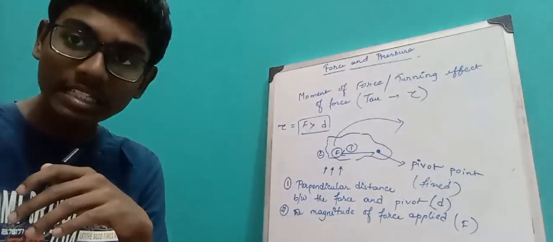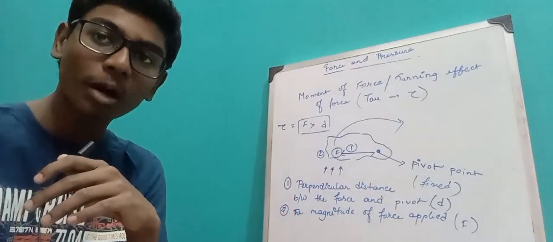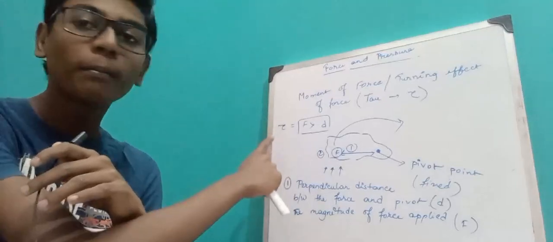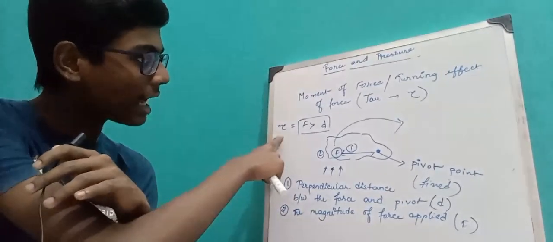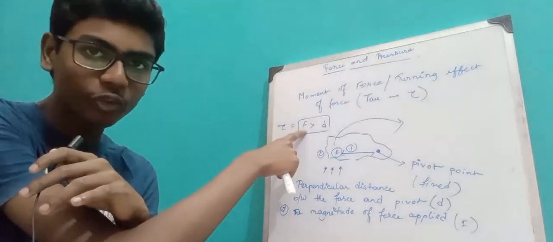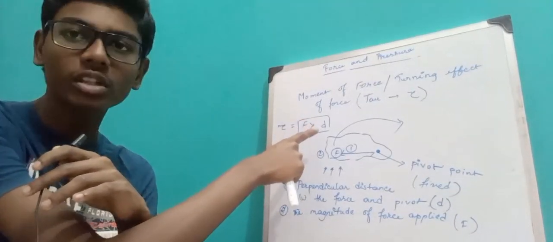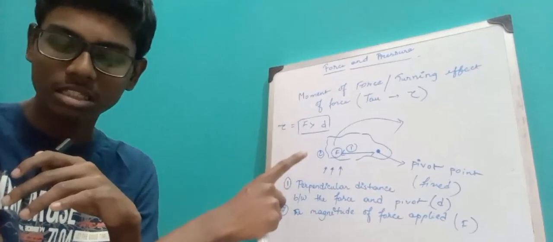The more the perpendicular distance from the force to the pivoted point, the more the moment. So tau is directly proportional to force as well as directly proportional to perpendicular distance.